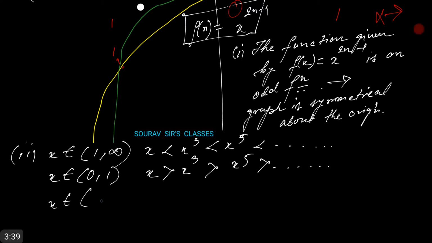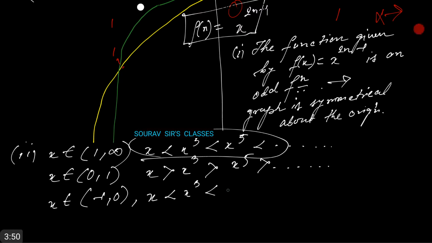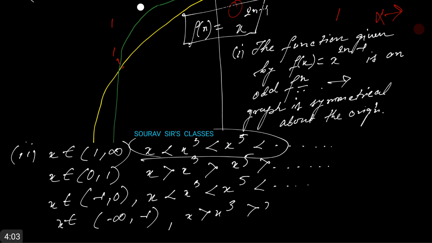When x belongs to minus 1 comma 0, same as this one, we have x is less than x cube, less than x to the power 5, and so on. When x belongs to minus infinity to minus 1, we have x is greater than x cube, greater than x to the power 5, and so on.